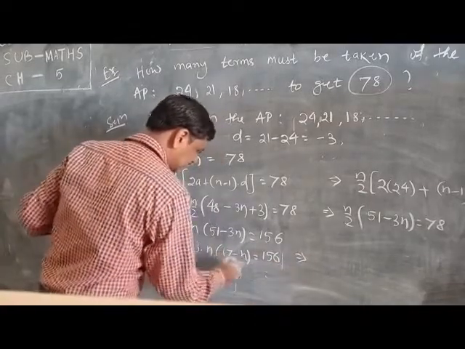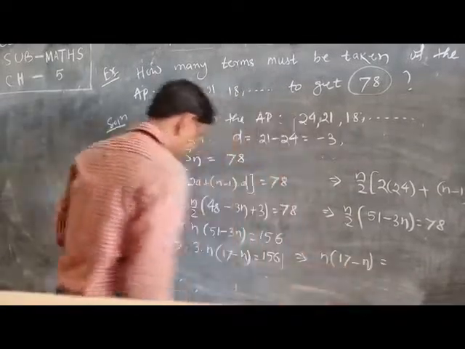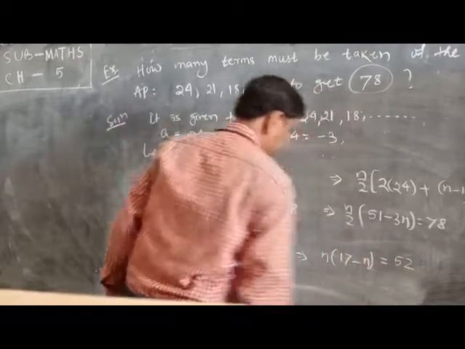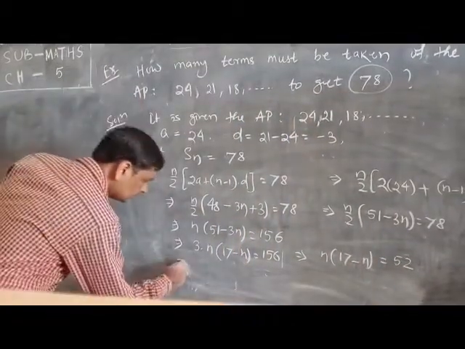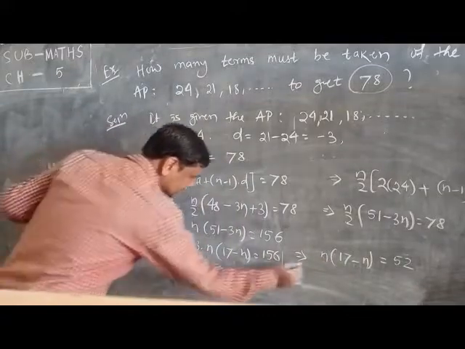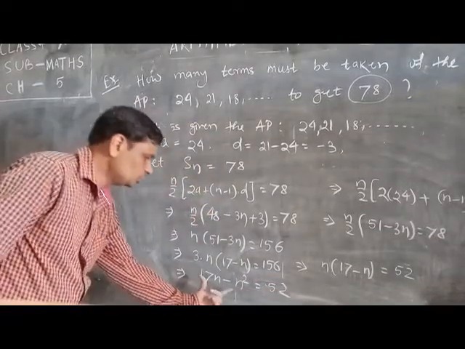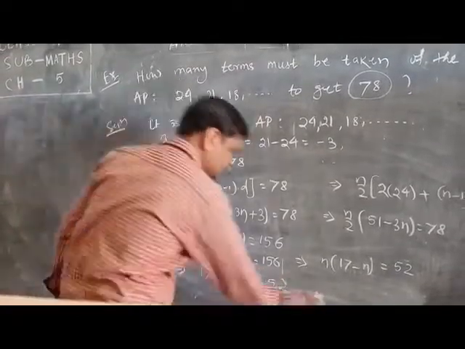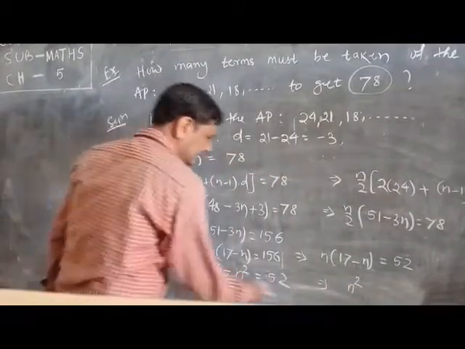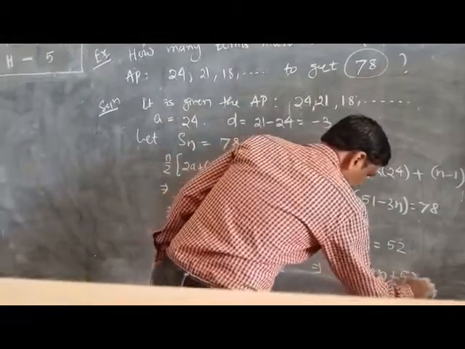This implies n into 17 minus n is 156 by 3, which is 52. Now n into 17 is 17n minus n into n is n square, equal to 52. Now these two terms come towards the right. Minus n square becomes plus n square, 17n becomes minus 17n, plus 52 equal to 0.